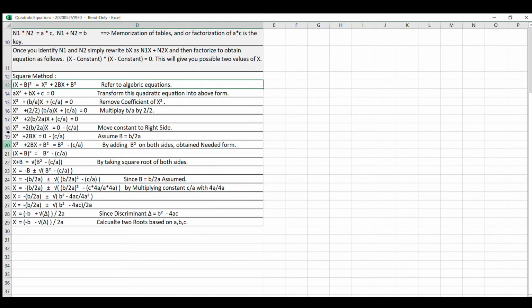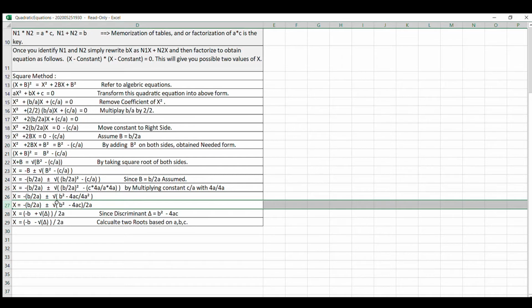Alright. And since we had assumed here in line number 19, capital B is equal to b by 2a, your real values of x are, if you replace b, look at line number 27, x is equal to minus b by 2a plus or minus square root of b square minus 4ac upon 4a square.